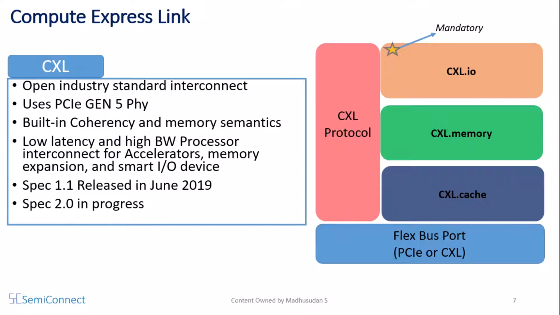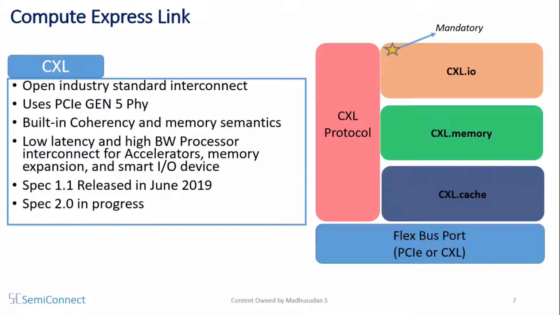We'll see why it has low latency subsequently, but for now it supports low latency and high bandwidth processor interconnects for accelerators, memory, and smart IO devices, maybe a network interface card, or as I told you, computational storage devices, etc. Right? And Spec 1.1 was released almost a year ago. So 1.1 is publicly available, and Spec 2.0 is in progress.